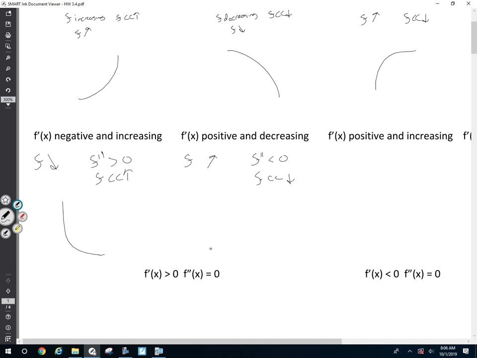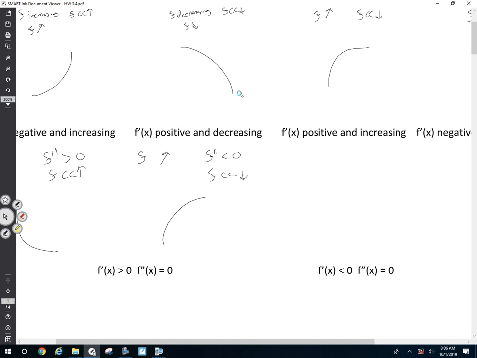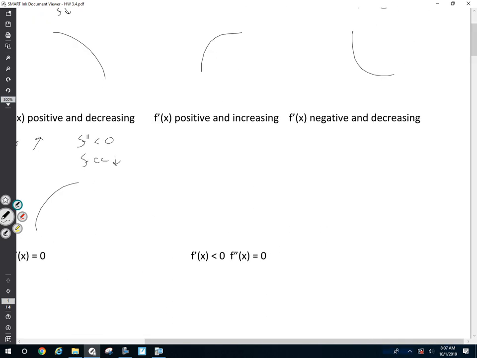Going up, concave down. f prime positive, f is increasing. f prime increasing, its derivative is positive, which means f is concave up. Going up, concave up. f prime is negative, f is decreasing, f prime is decreasing, its derivative is negative, f is concave down, decreasing, concave down.